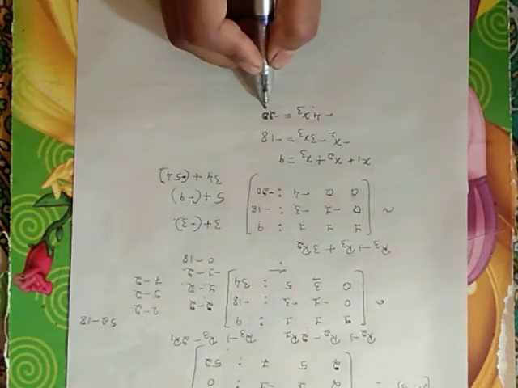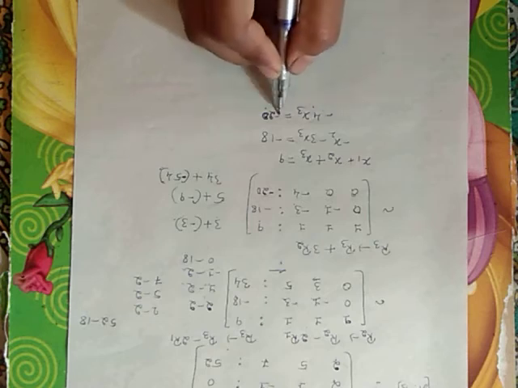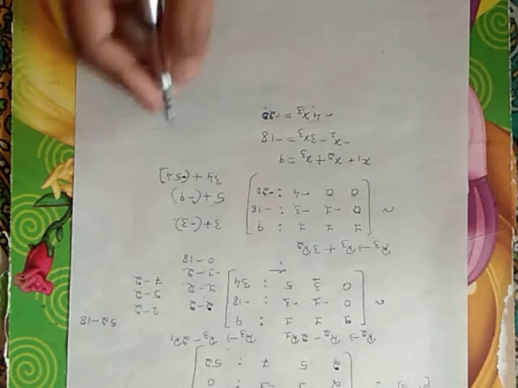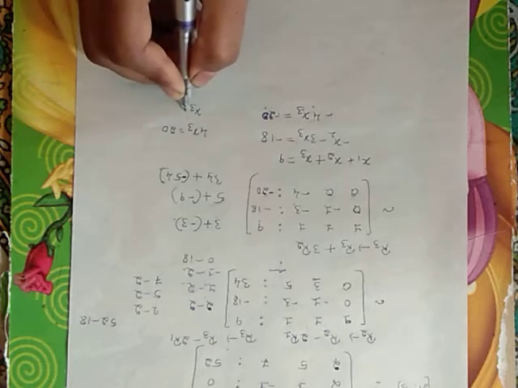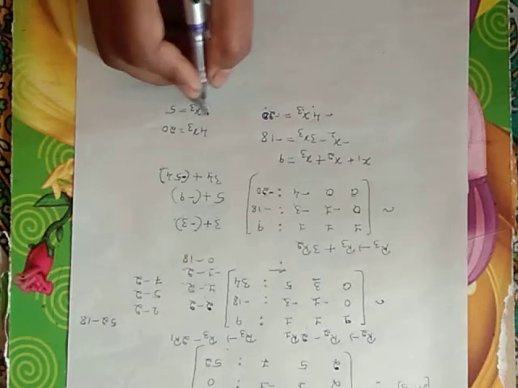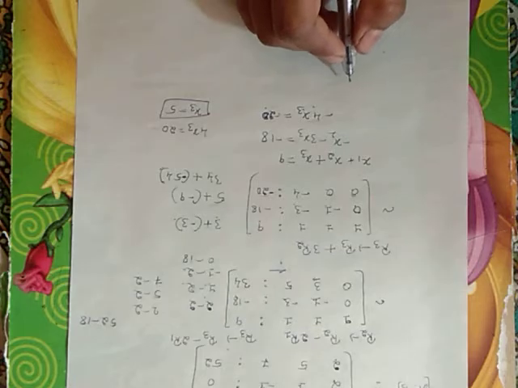So minus 4x3 equal to minus 20. Cancel the minus sign on both sides. 4x3 equal to 20, x3 equal to 20 by 4 is 5. So x3 equal to 5.